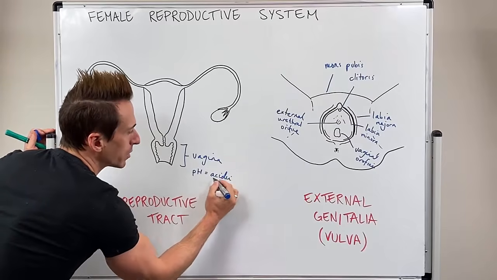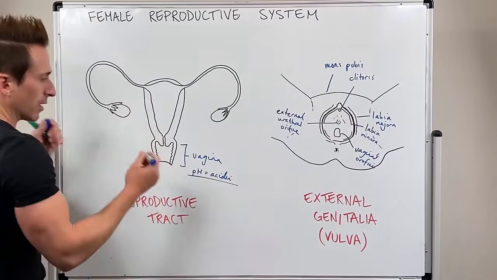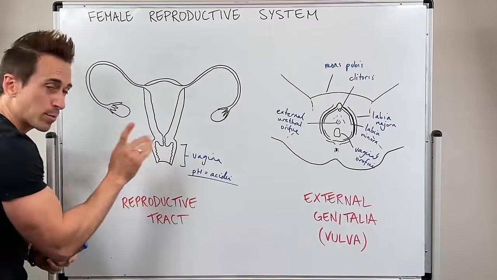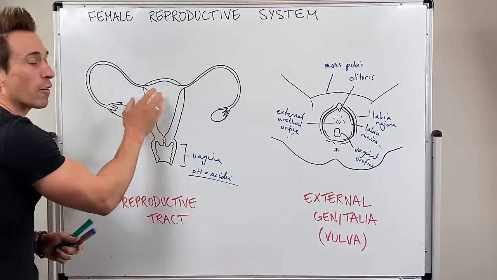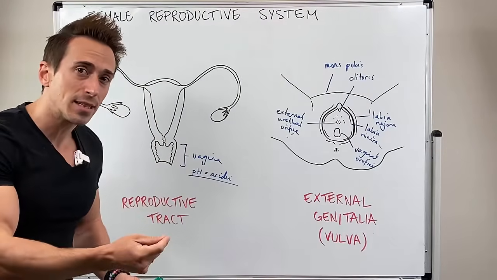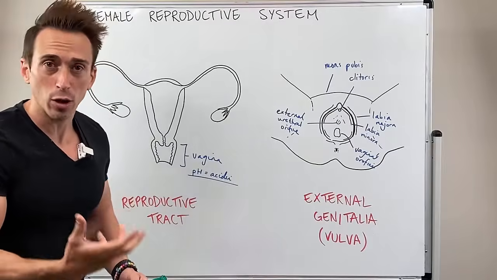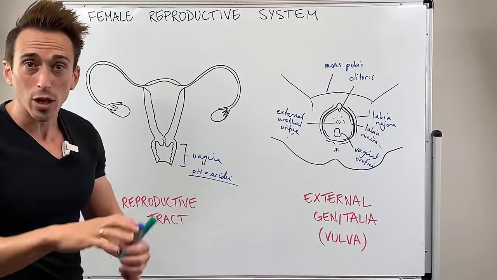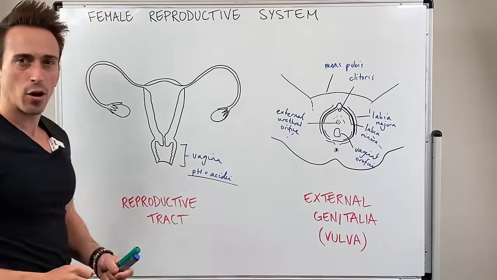And this is important to maintain the vagina when it comes to keeping it clean, because again, it's playing an important role separating the external from internal environment. But because it's acidic, any sperm that enters may be damaged or killed off, and therefore that's why sperm moves through in semen, which is slightly alkaline, to neutralize the acid of the vagina.